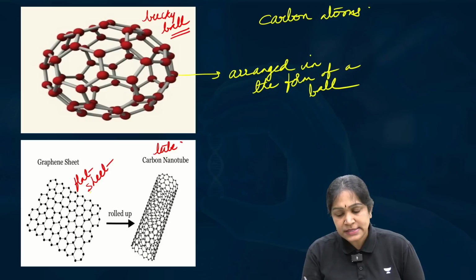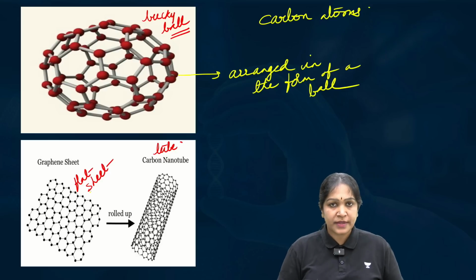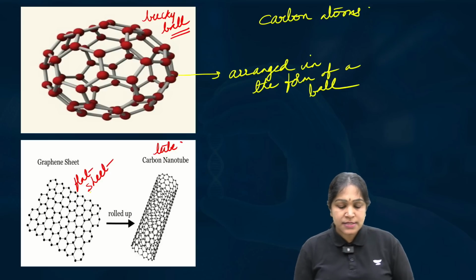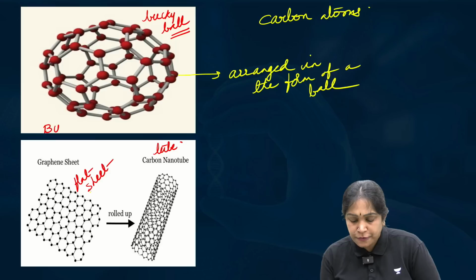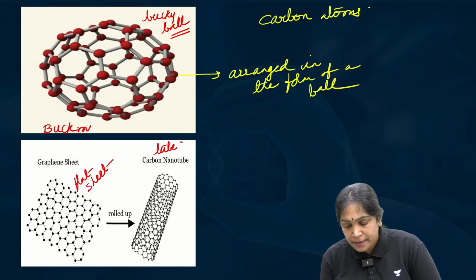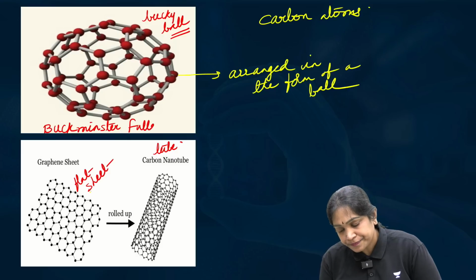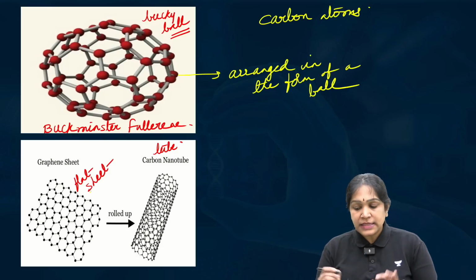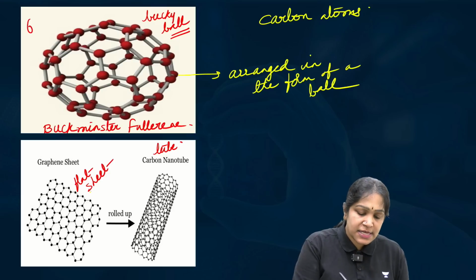This is called a buckyball. Buckyball is the common name of it, and technically this is called Buckminster fullerene. This is made up of 60 carbon atoms.